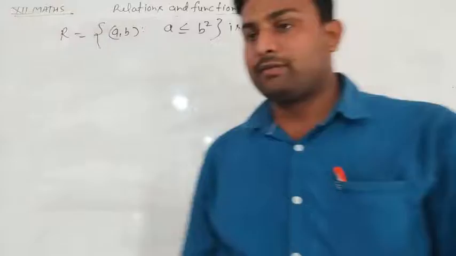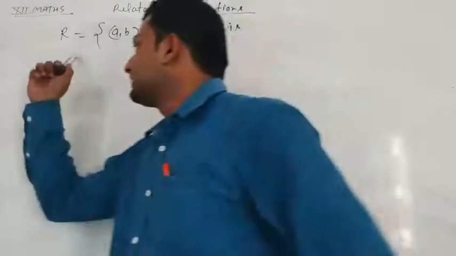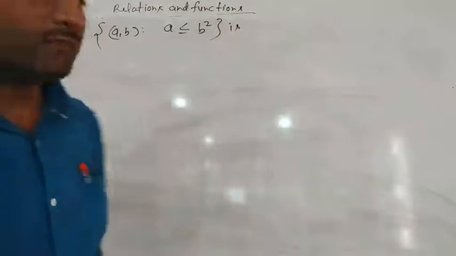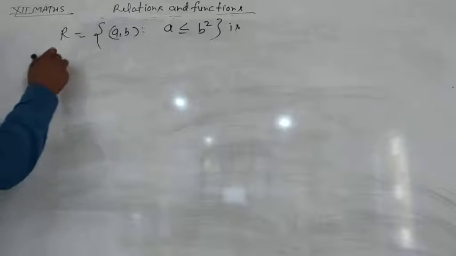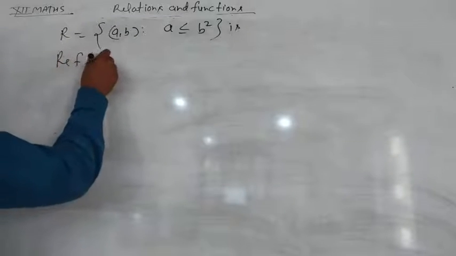So we are given a set of real numbers and the relation defined by R is {(a, b) such that a ≤ b²}.